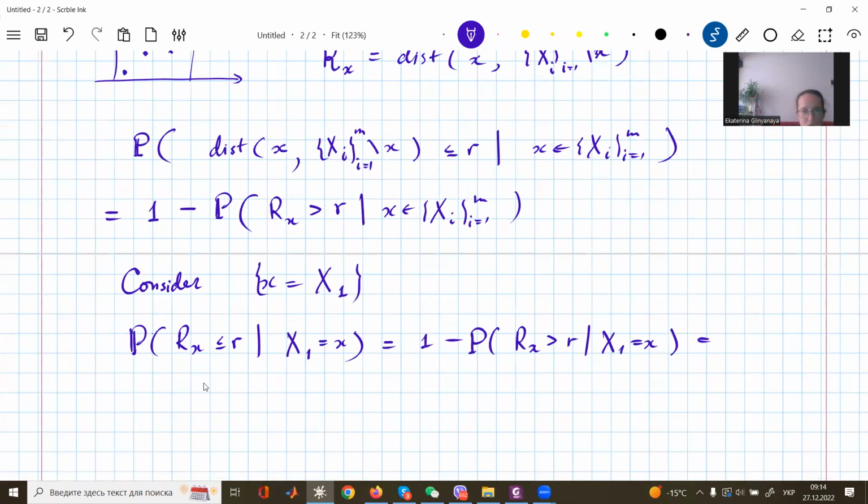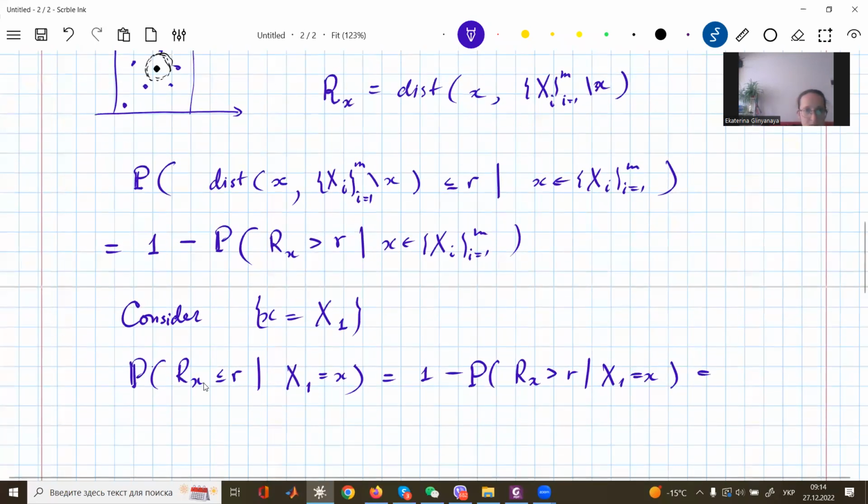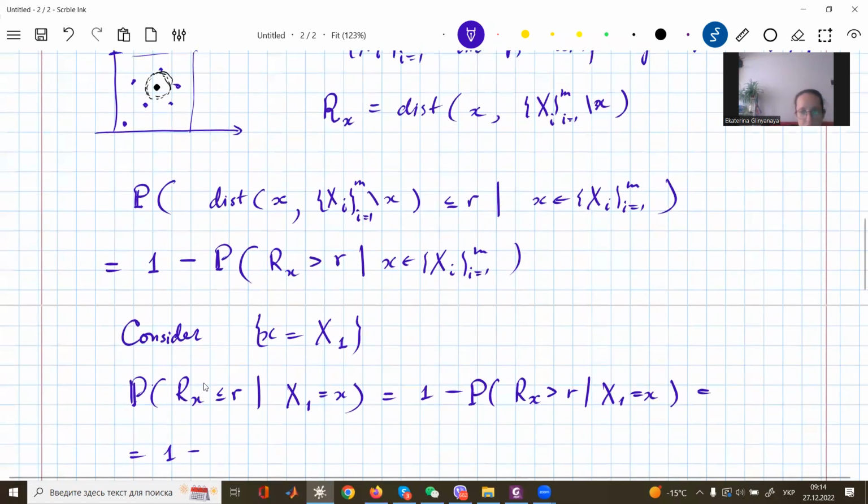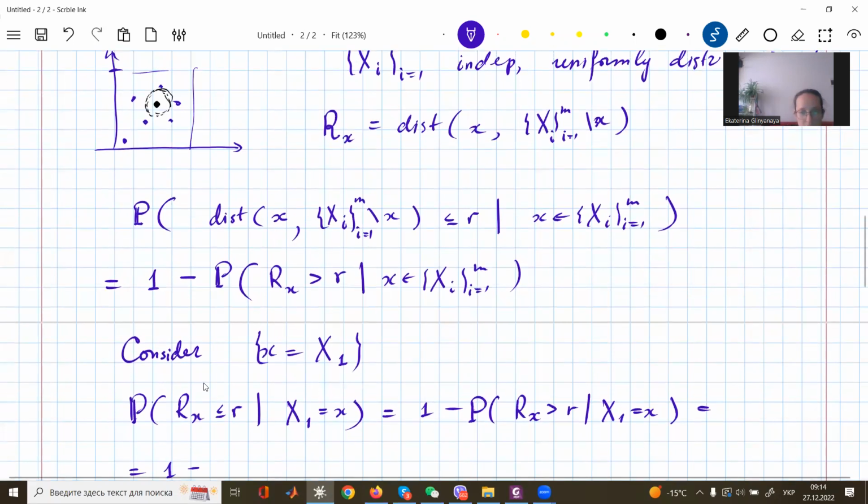What does it mean on the picture? It means that I have no other points. If R_x is greater than r, that means that in the ball of radius r, I have no other points.